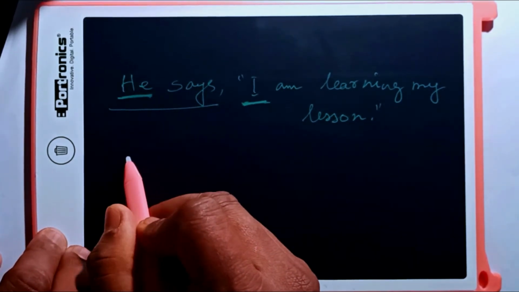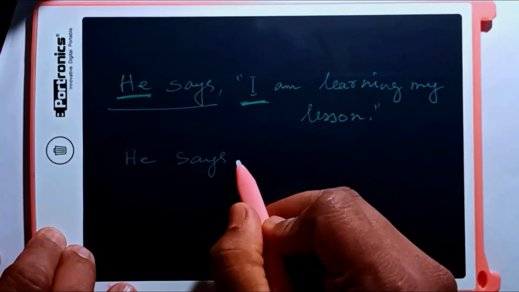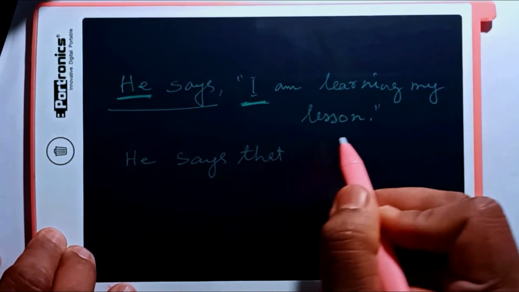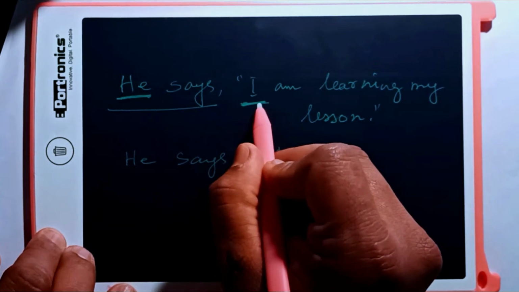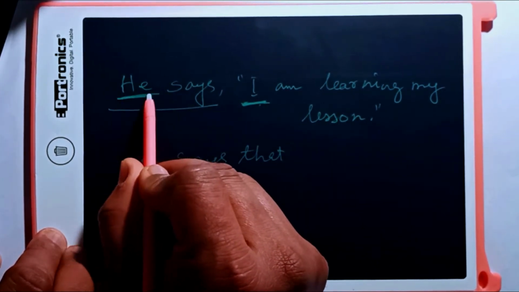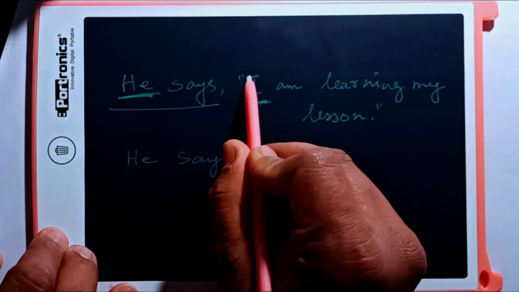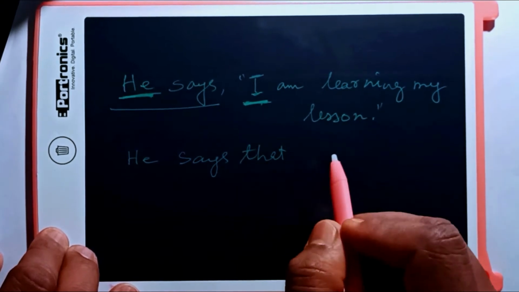When we change it, it will become he says that. Now this I and this he is same, so according to the subject of the reporting speech, this first person pronoun in the reported speech will change.